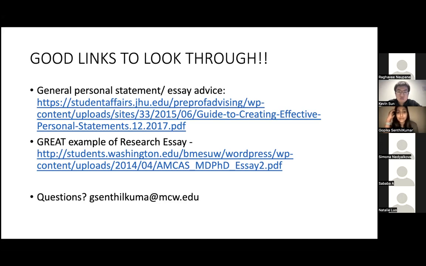So there's some programs where they'll cover tuition for all years, but you have to take care of your own living expenses. So those MD-PhD programs do not have to operate like a MSTP program. So make sure you look into the details of those programs if you are interested in a non-MSTP program. So that's another important distinction as you're looking there too.